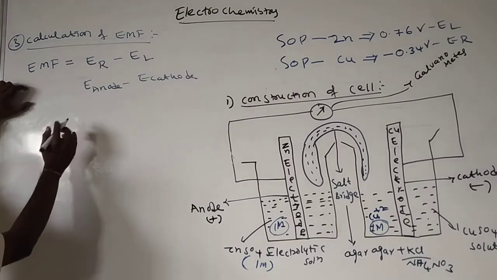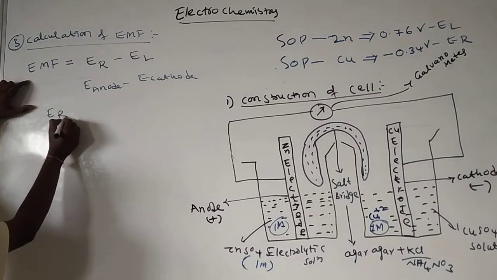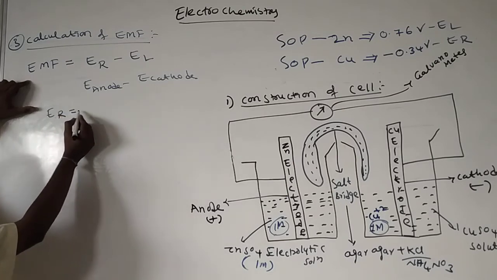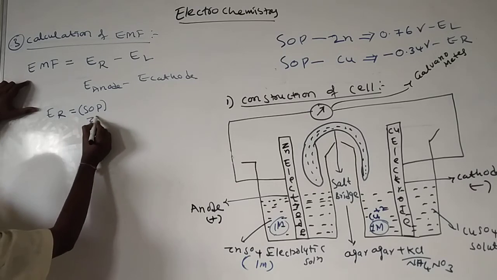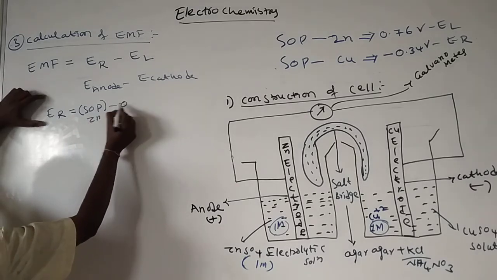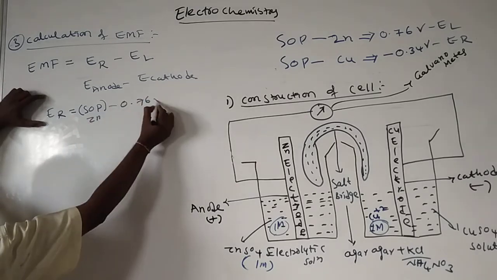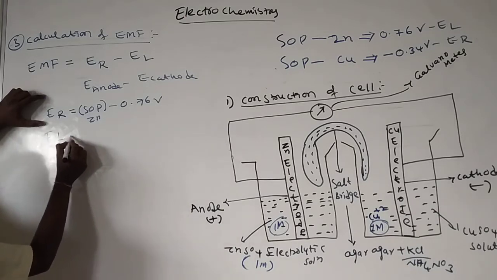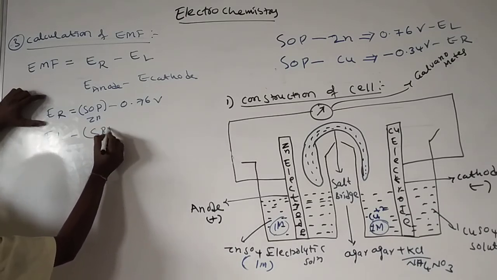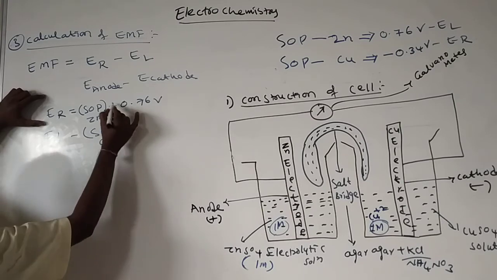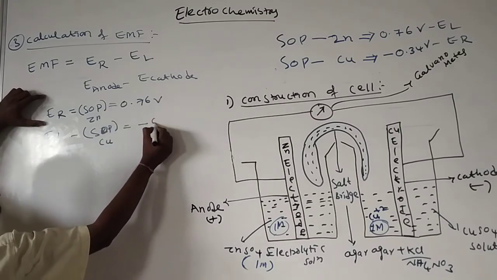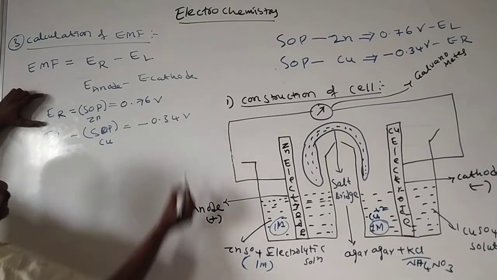What is the E right? Already I gave the data. E right means SOP, standard oxidation potential of zinc, 0.76 volts. E left, SOP of copper is equal to minus 0.34 volts.